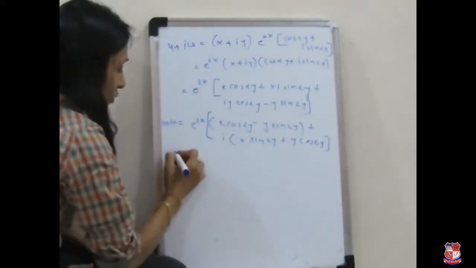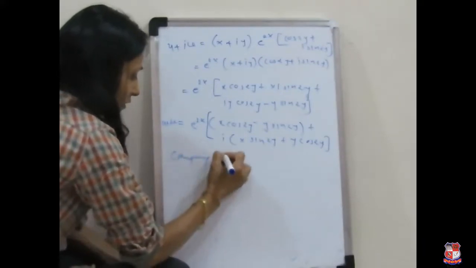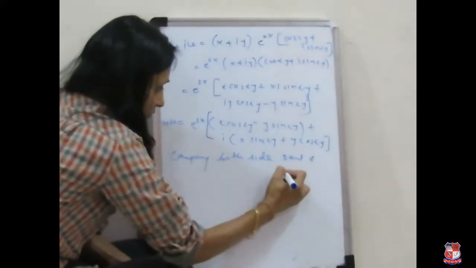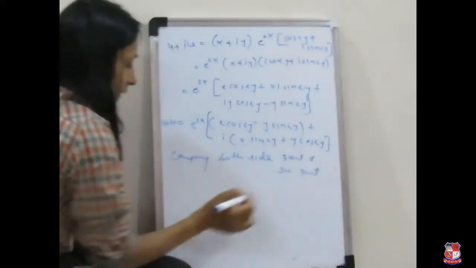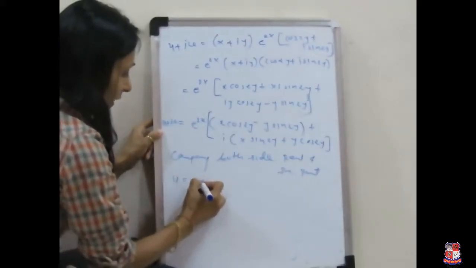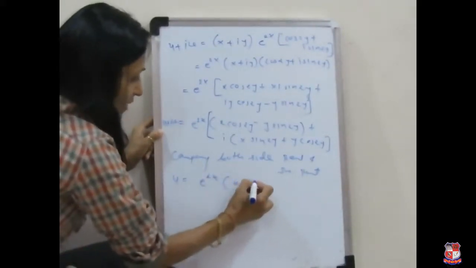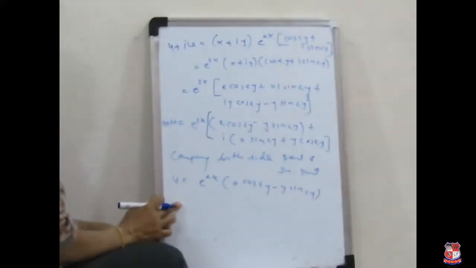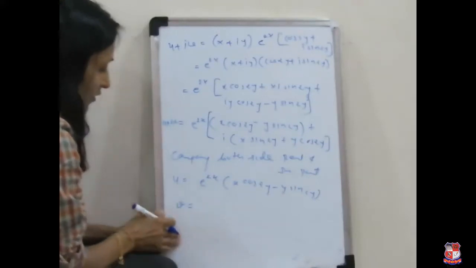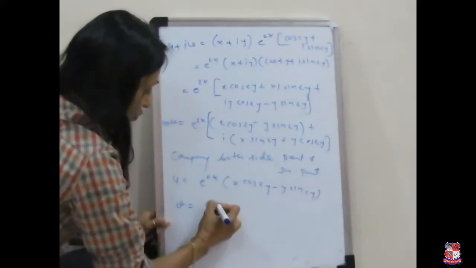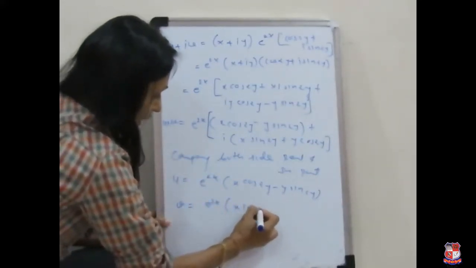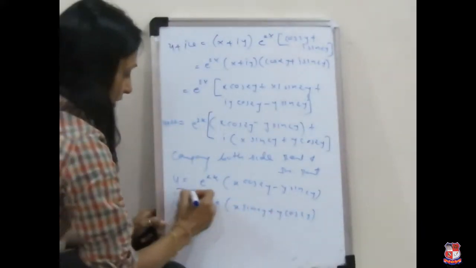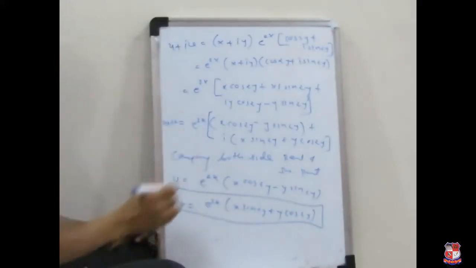See here, comparing both sides, real and imaginary part. Then u is equal to, already given, e raised to 2x, x cos 2y minus y sin 2y. We have been given this. Then we can find v is equal to e raised to 2x, x sin 2y plus y cos 2y. This is our answer.